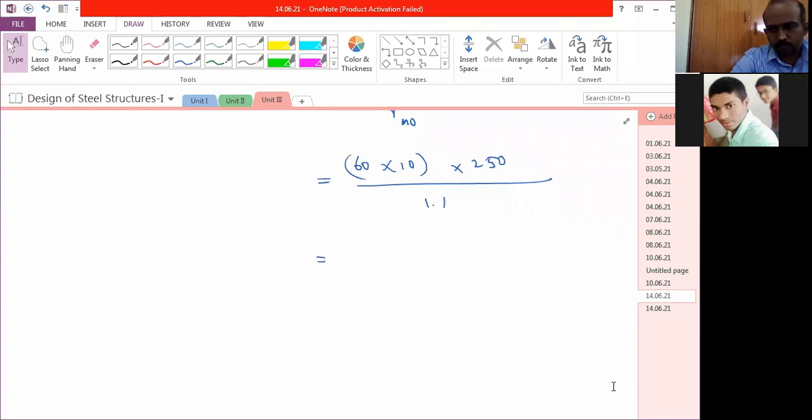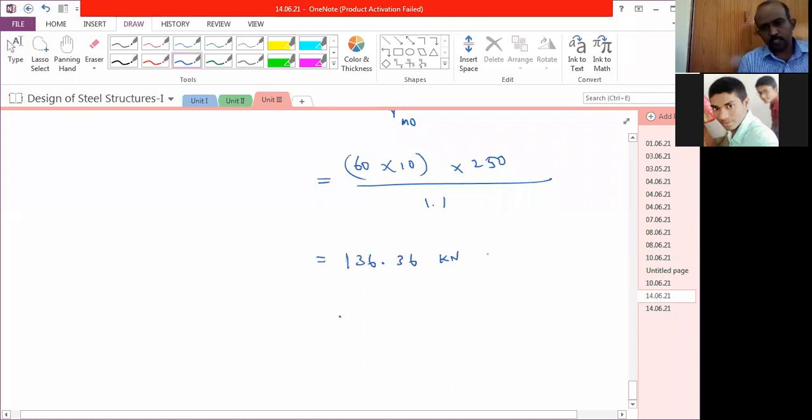Only 2 or 3 people are answering. The answer is 136.36 kilonewton. Okay, wait, I will write 136.36 kilonewton. So it is greater than 120 kilonewton. Our factored design load is 120 kilonewton, and so it is okay.